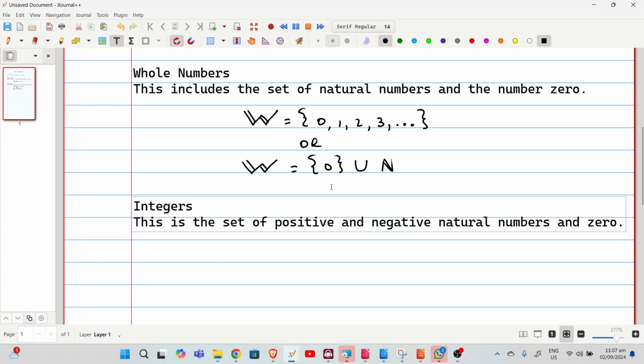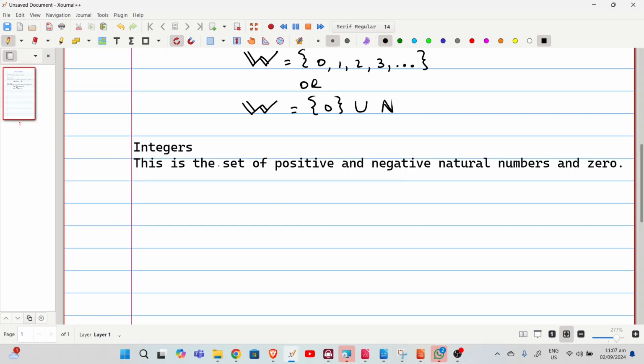If you want to use a symbol to denote this, we'll use the symbol Z, a double struck Z. Just think of N on its side. It's the set of all the negative numbers going to -3, -2, -1, then you have your 0, then your 1, 2, 3, and so on and so on. It keeps going like that.